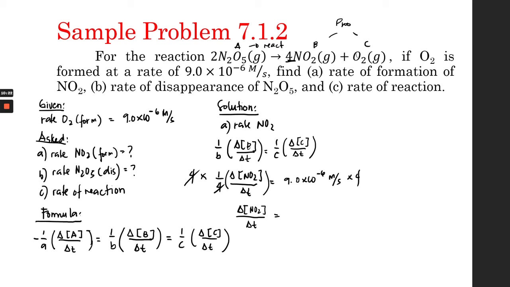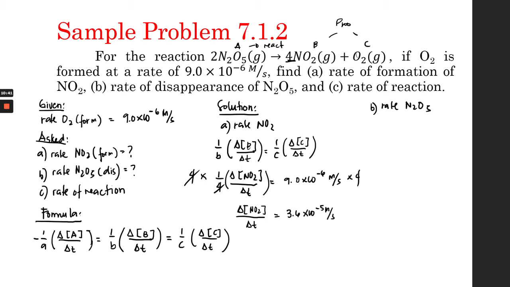That is equal to 3.6 times 10 raised to negative 5 molars per second. And we can also do the same to find the rate of disappearance for N2O5.